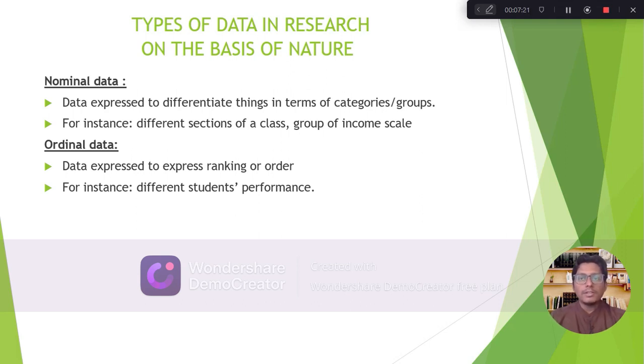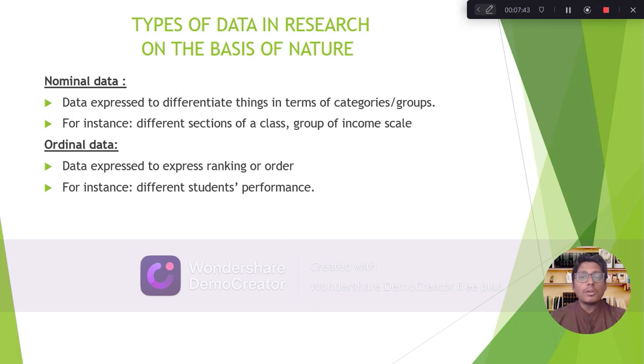Like if I take a sample of 100 people and I categorize them into male and female, that would be nominal data. So categorizing data on the basis of different things like income level or gender or some sections is called nominal data.